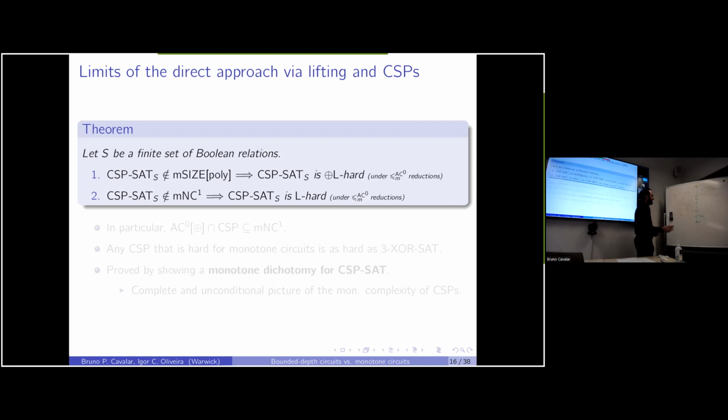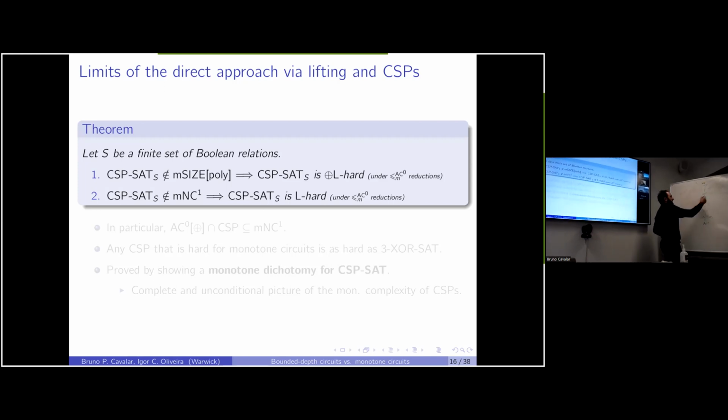So we are saying that if you have a monotone circuit bound that's super polynomial, then you have to be here or above. And if you have a super logarithmic depth lower bound, then you must be here or above. Right? So you can't be here in AC0 or AC0 parity. Right?